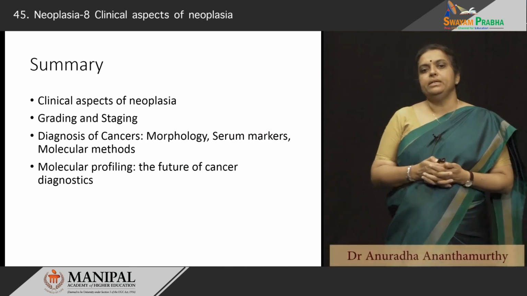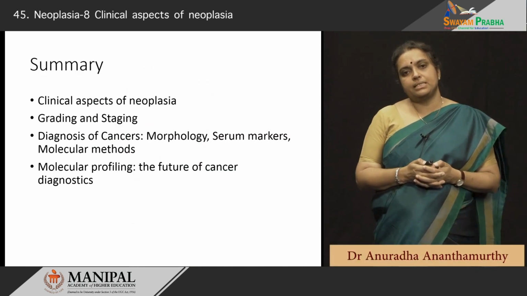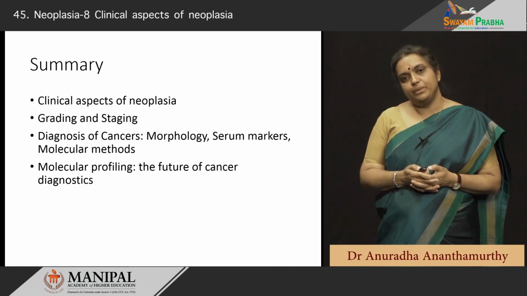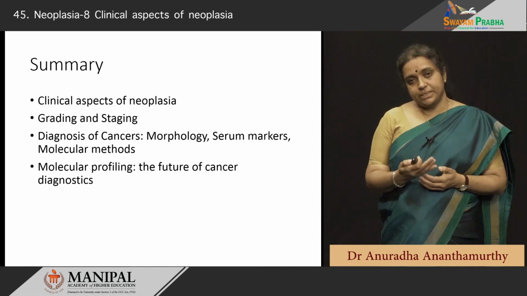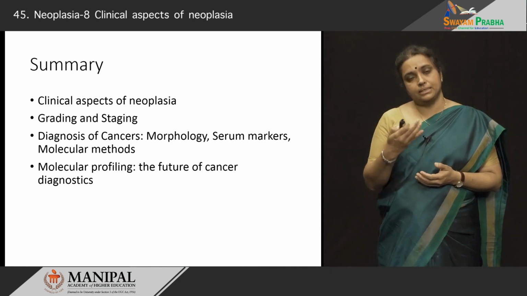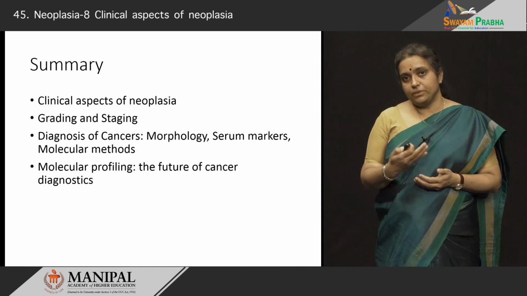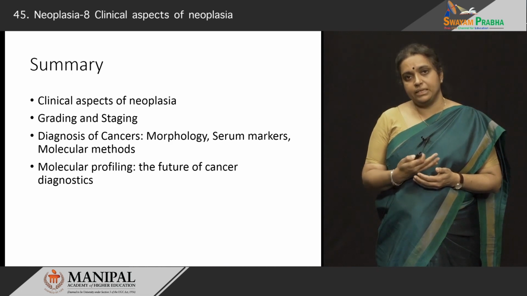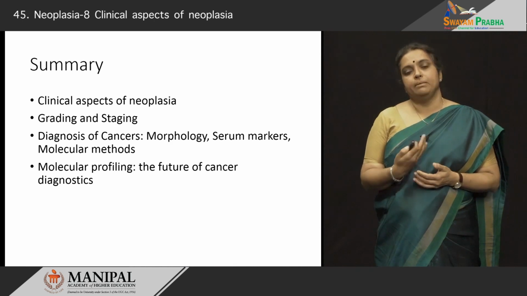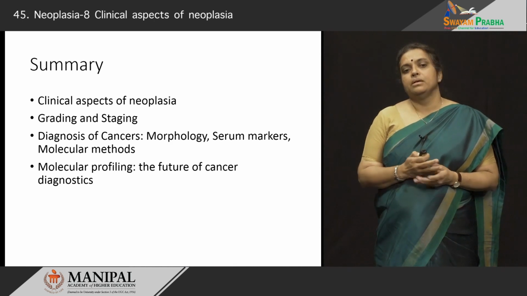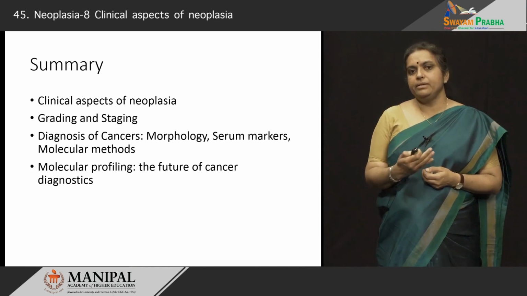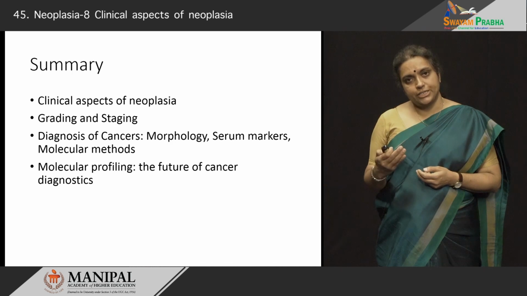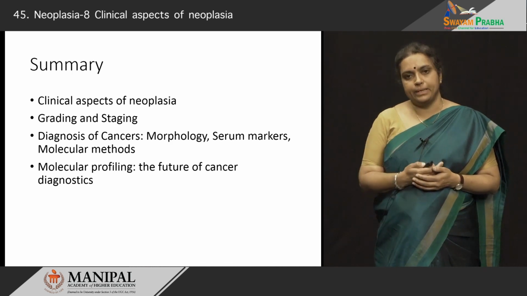So, in summary, in this session we discussed the clinical aspects of neoplasia, why it causes the effects on the patient that we see normally, such as its location causing problems, the bleeding, the obstruction, the infection that it causes, the cachexia, the paraneoplastic syndromes. We also discussed the grading and staging of cancer, grading being the level of differentiation and staging being the extent of tumor spread.